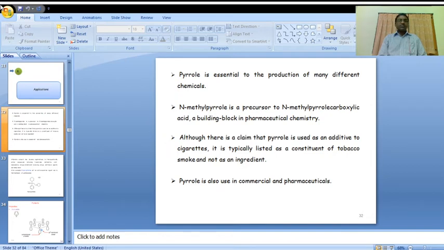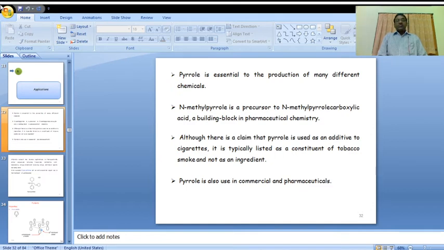N-methyl pyrrole is a precursor to N-methyl pyrrole carboxylic acid. It is a building block in pharmaceutical chemistry. It's a fundamental compound, pyrrole.